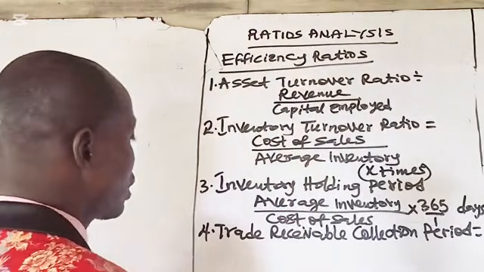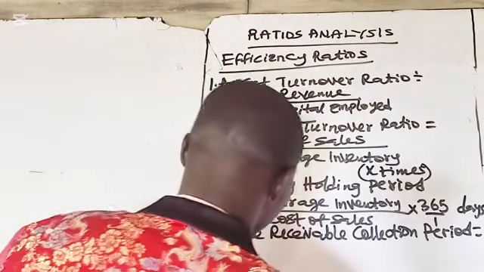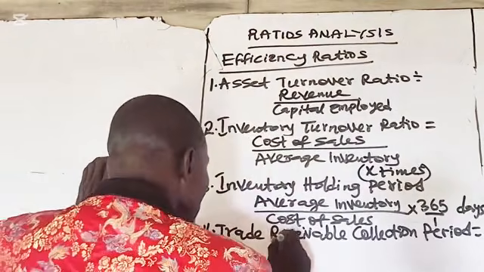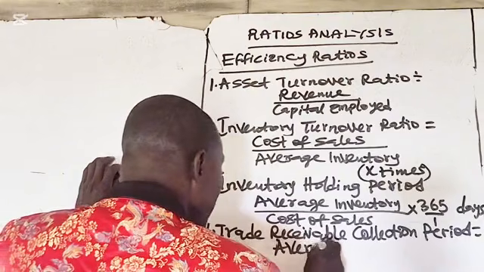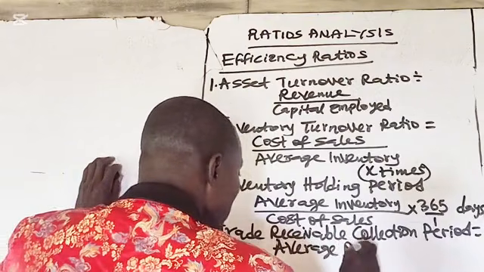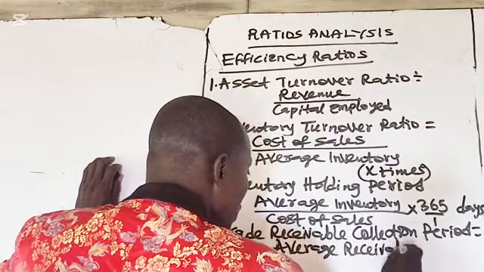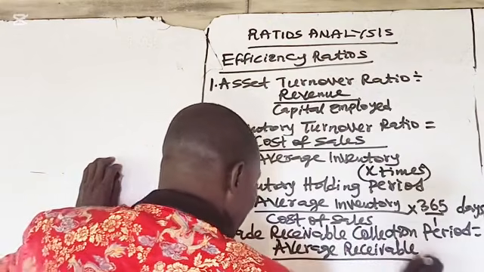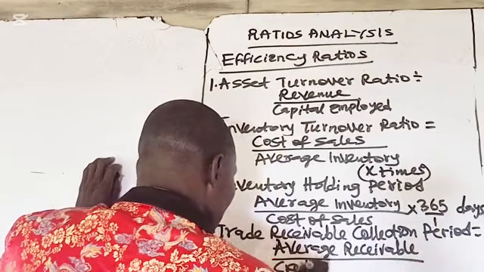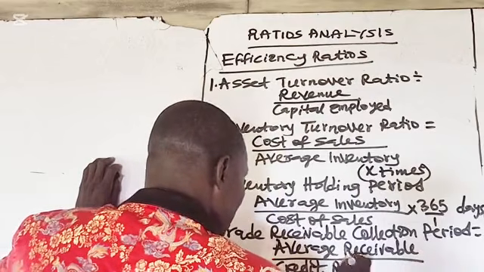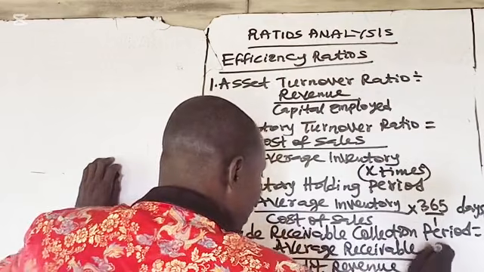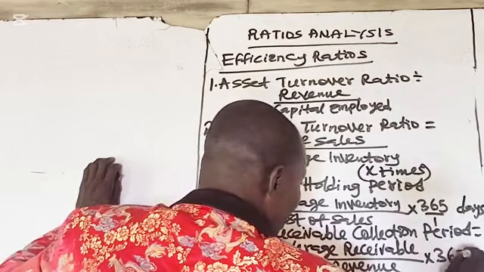So receivable collection period is average receivable over credit sales or credit revenue, and we have 365 days in a year.